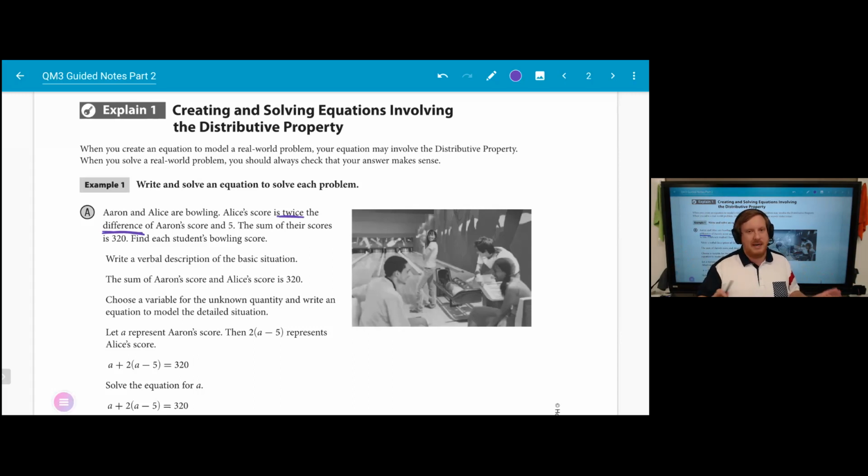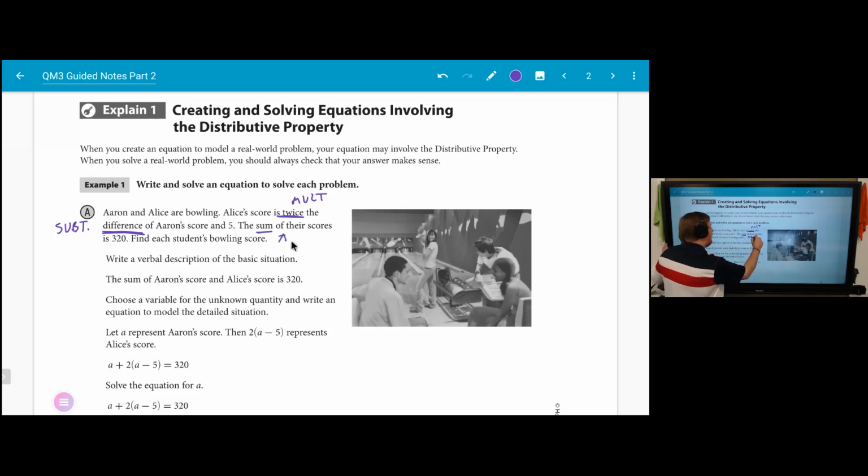Very good. There's nobody here. It's okay. Subtraction, right? So twice means multiplication. Difference means subtraction. Of Aaron's score and 5. Ooh, so we got some there. And the sum, there's where we go. We got our addition right there of their scores is, oh my gosh, it's like we're just writing these things. It's written for us. Is our equal sign, 320.